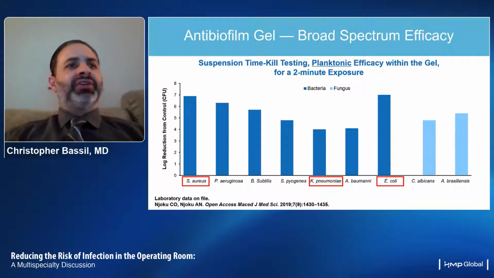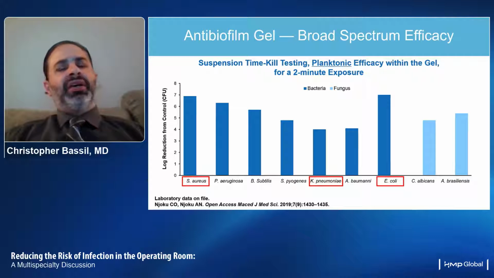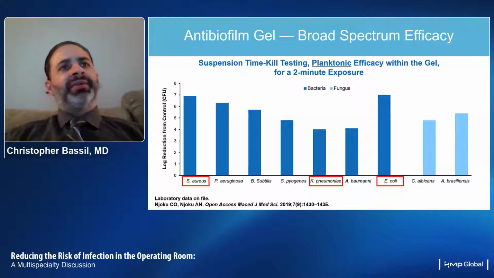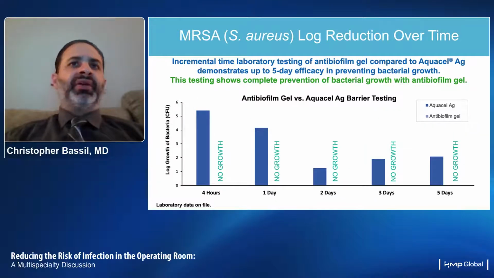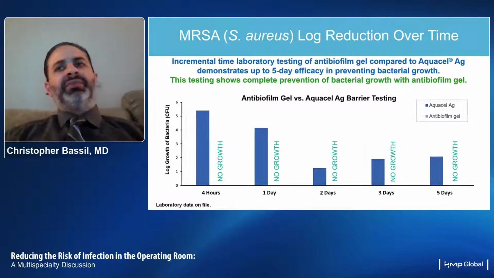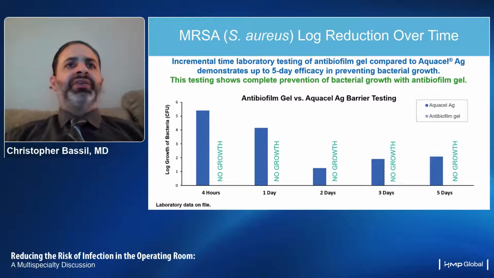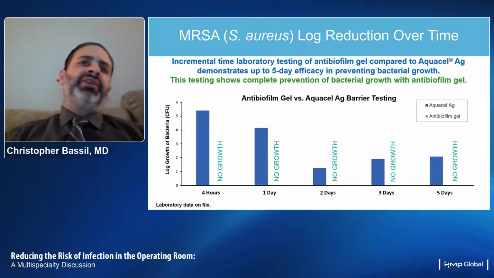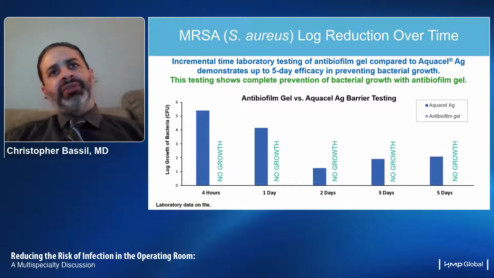This slide is mainly to show the 3 most common sources of infection for C-sections: Staph aureus, Klebsiella, and E. coli. This compares gels that we can use to reduce infection compared to silver barriers, but these are all just added devices and added products that we can use.